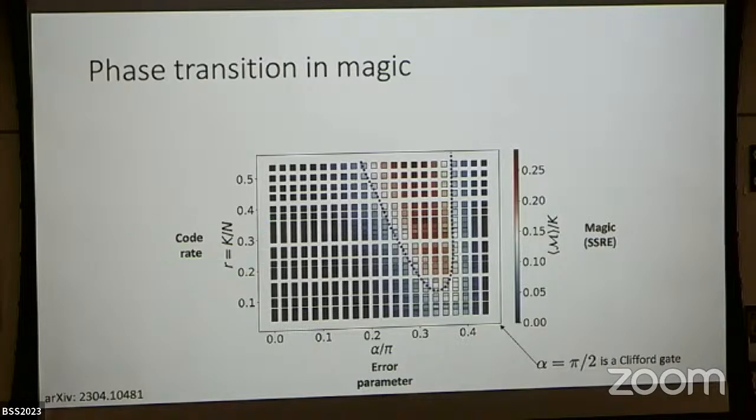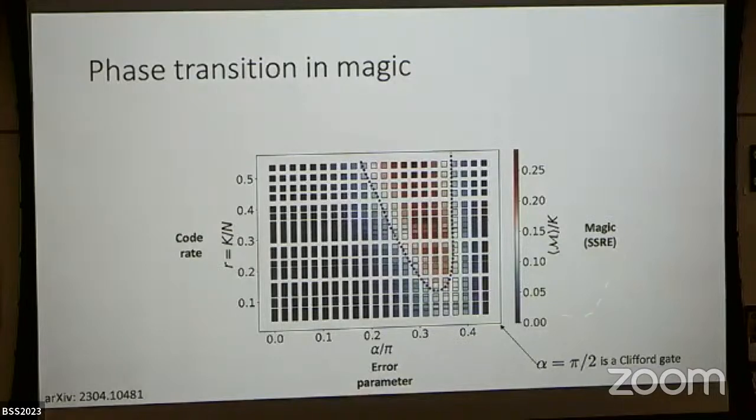We start with n qubits, and designate k qubits as logical qubits, so the code rate is the fraction of the qubits that I'm keeping as logical qubits. For example, if the code rate is 1/2, then half of my qubits are logical and half are syndrome.